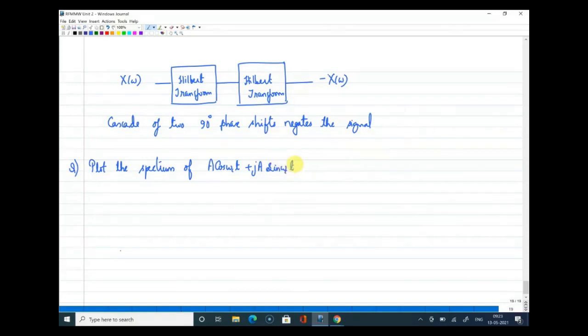When I'm asking you to plot the spectrum, what I'm expecting is a plot on the plane where you can mark both real and imaginary components across frequency. So please perform the operation and tell me what the final result will be. You can do that even by looking at the question itself. But if you can perform the operation on the real, imaginary, frequency plot, just tell me what your final answer will be.